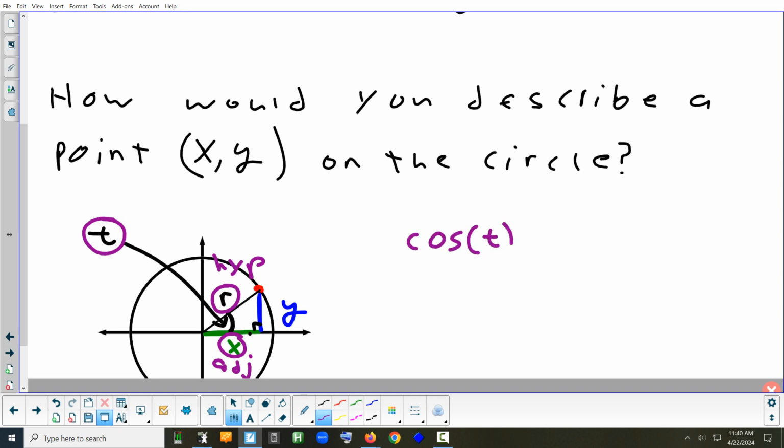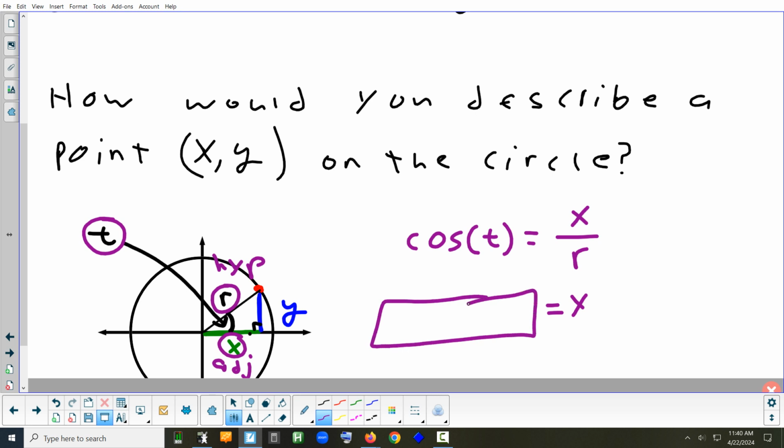Cosine of my angle. Okay, what's adjacent again? X. And what's the hypotenuse? R. Now to type that in parametrically, we need the x alone. So what would x equal? Cosine of t times r. We usually just write r cosine t. All right, so that's how you get your x.